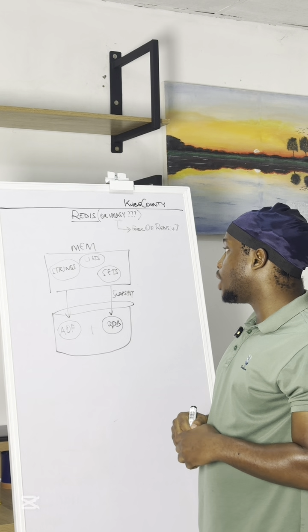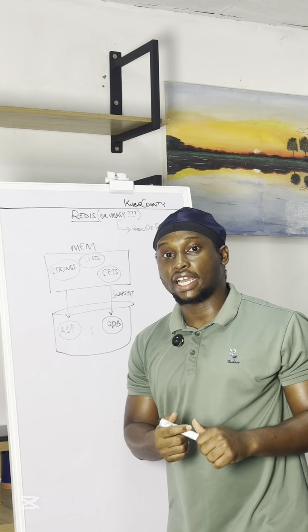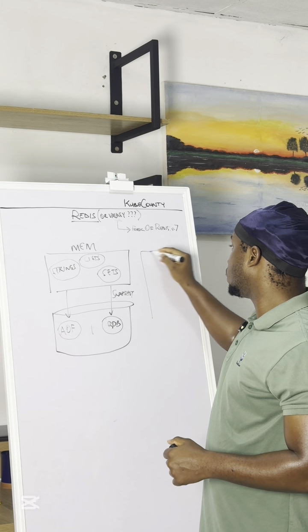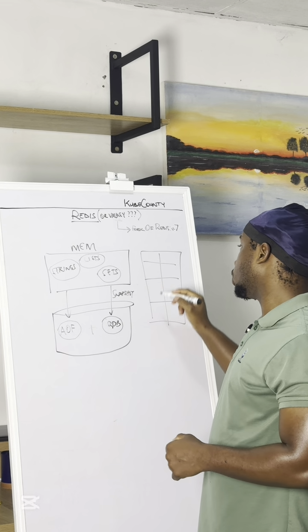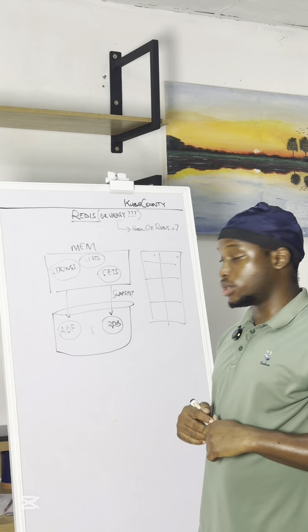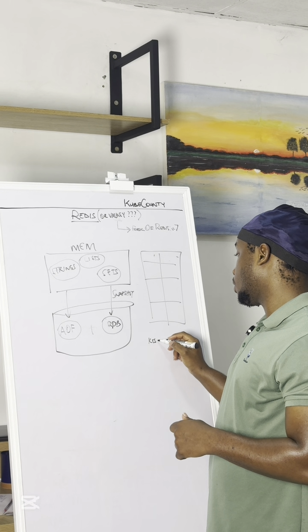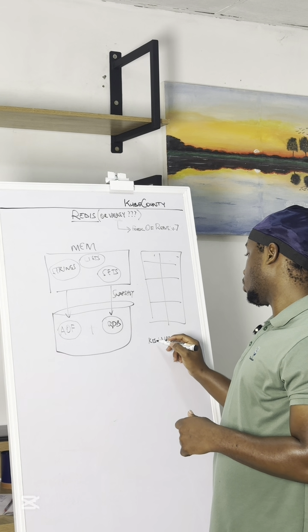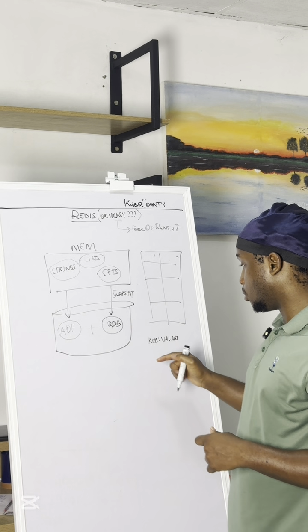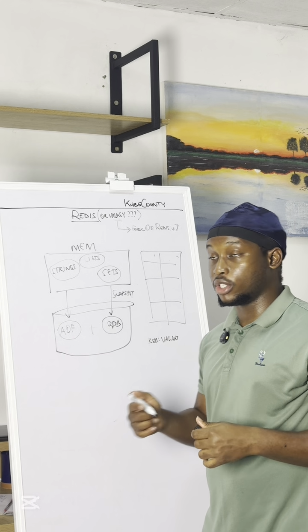All right. So Redis saves data in the form of hashes. It has a hash table, right? And this is how it's able to be performant. It saves your data in key-value stores, so you have keys and the values. This key-value store is saved in Redis.